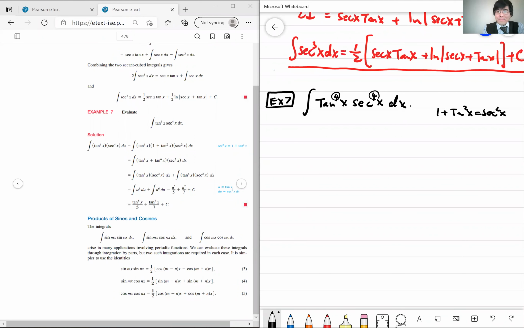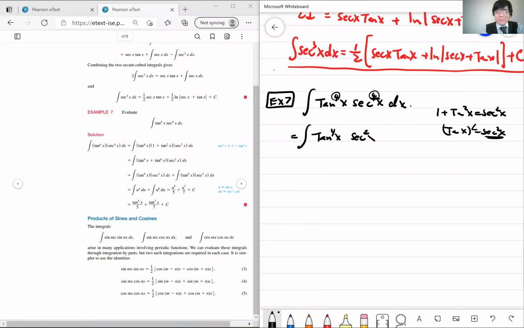And so we can convert one of them into tangent or to the secant. So remember, the derivative of tangent was secant square. So secant square is nice to leave. So we don't want to have 4 of them. But if we have 2 of them, that's nice.